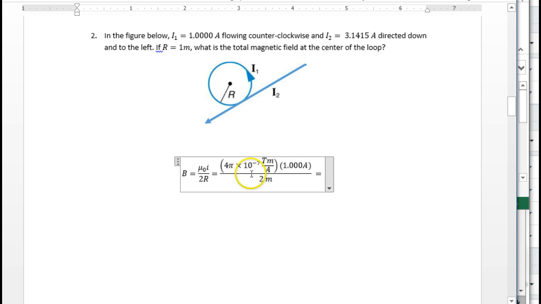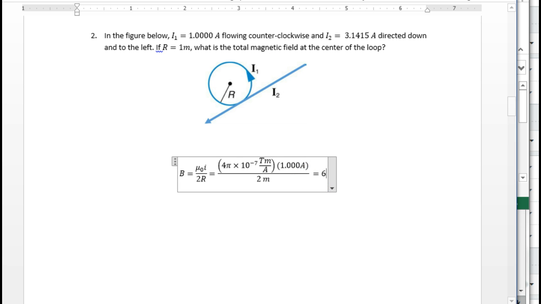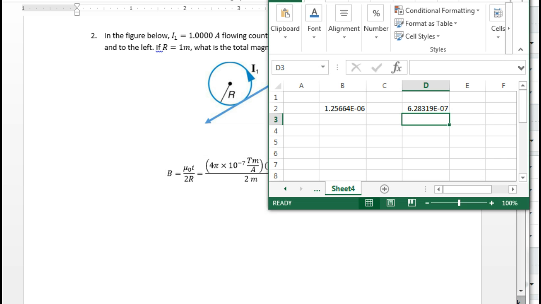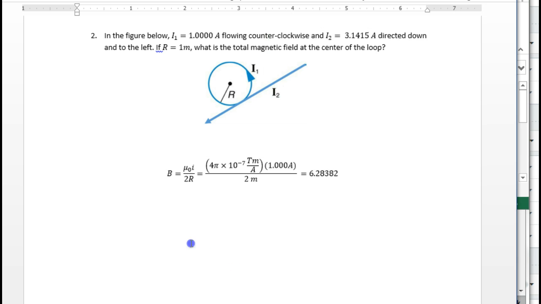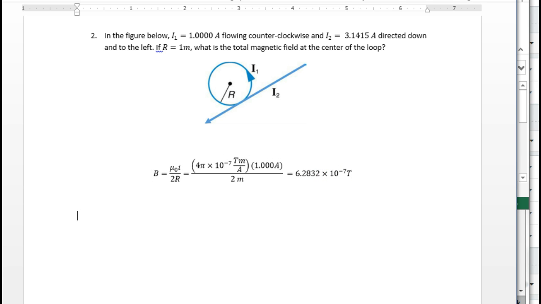All right, so 6.2832 times 10 to the minus 7th Tesla, coming up out of the page due to I1.